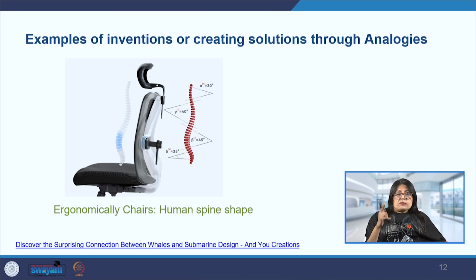We can see the similarity in the chair and in the spine as well, because ultimately the spine has to align with the chair, and the chair also needs to keep the spine in its neutral position and not bend it in any awkward manner, because that might add some kind of stress to the spine. So this is an example from our everyday life.